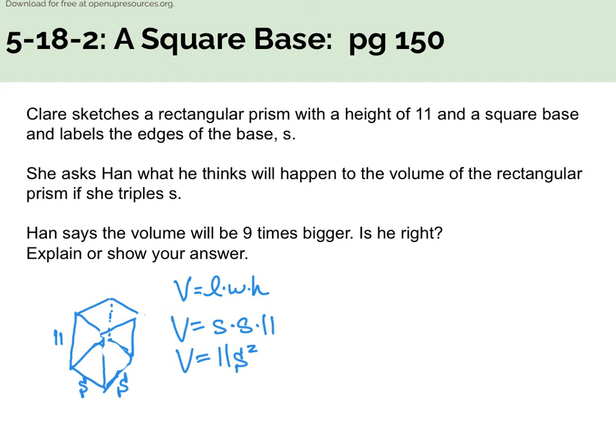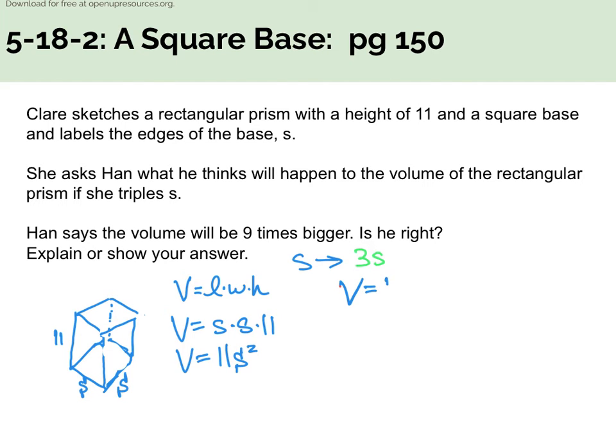And then they talk about what happens if we take the rectangular prism and we triple the S. So instead of having S, we're going to say it's 3S. So let's put that all together. So we still have our original, let's put it in blue.